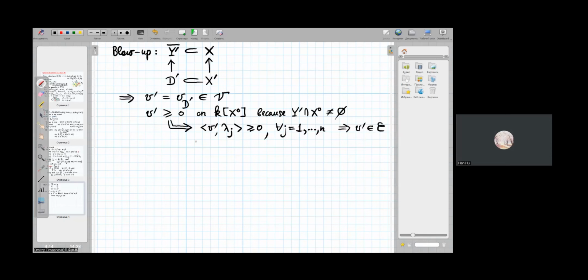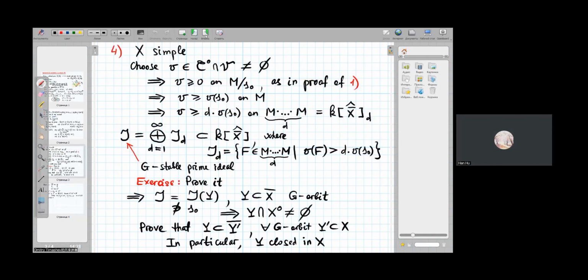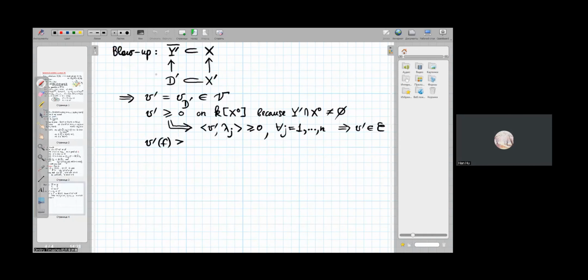And also, let me observe yet another inequality, that V prime of F is, maybe, I skipped something. Let me add something.